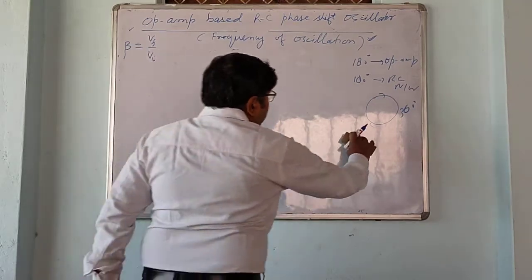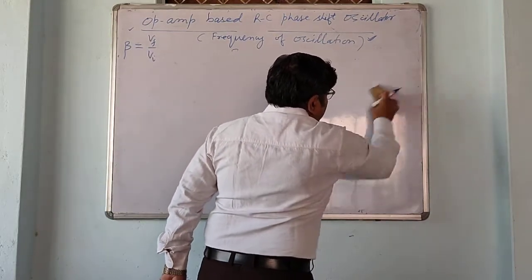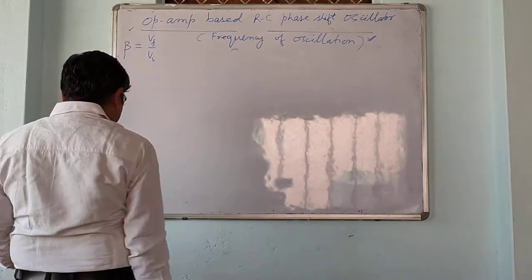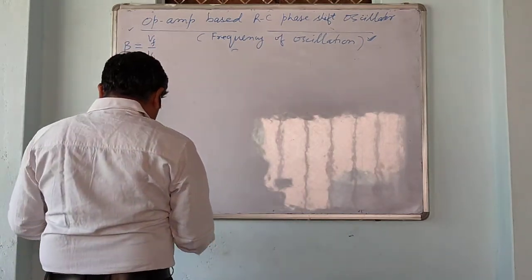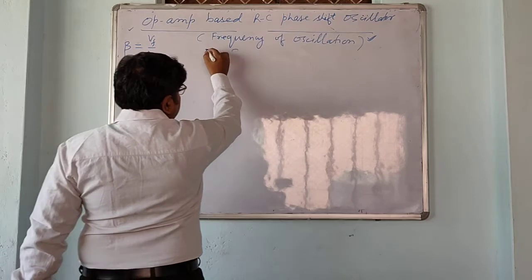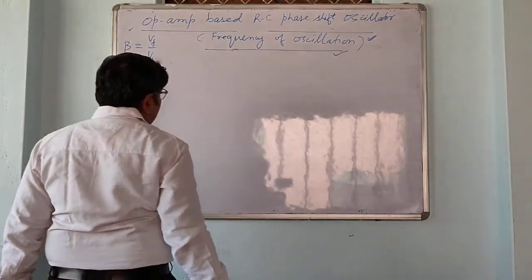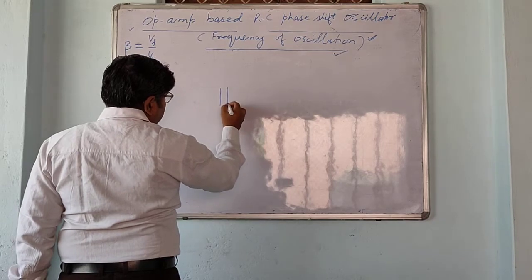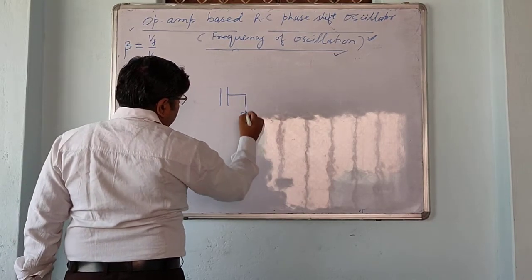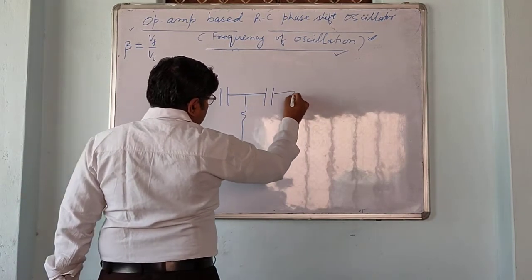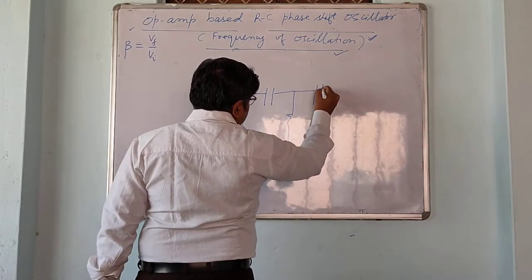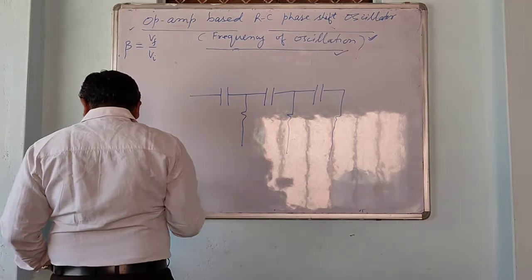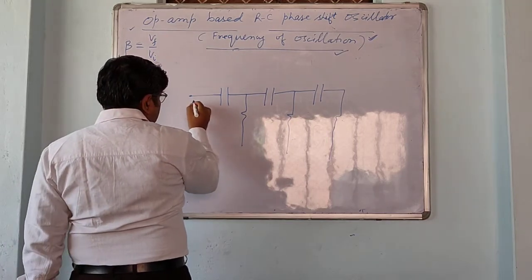So see here, equivalent circuit. Now we are drawing a circuit here for frequency of oscillation. First draw feedback network, which is combination of RC. Suppose this is the input.